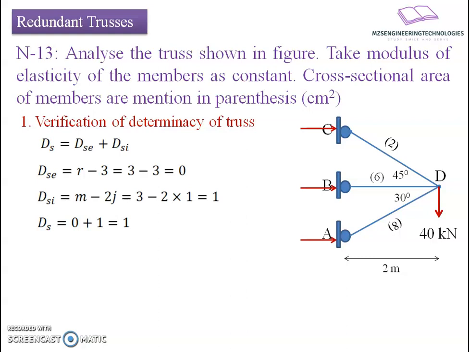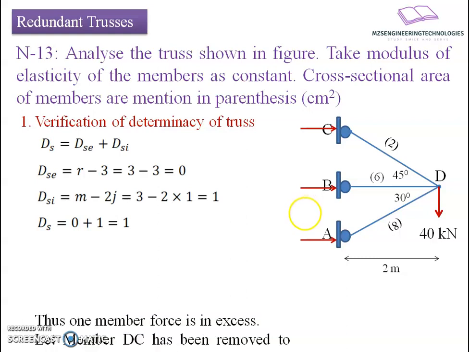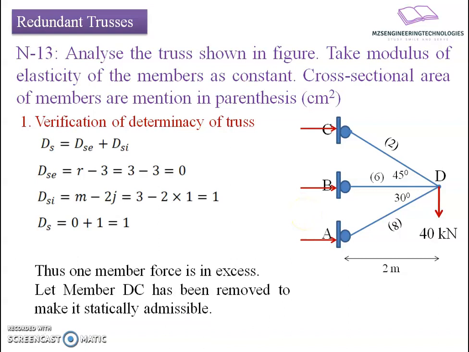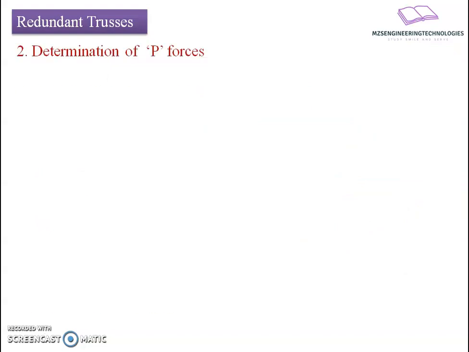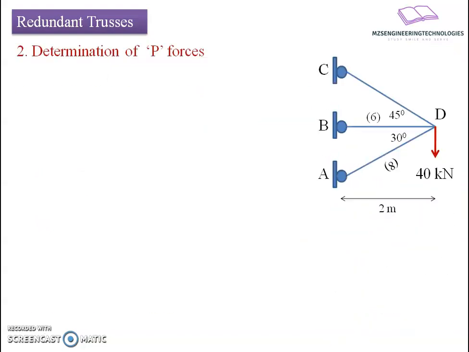To make it statically admissible, we have to remove one of the members from the given frame. Let us consider we have removed member CD. After making it statically admissible, we apply a redundant force at joints C and D in such a manner that it represents the member force as it was when the member existed, in the same line of direction.